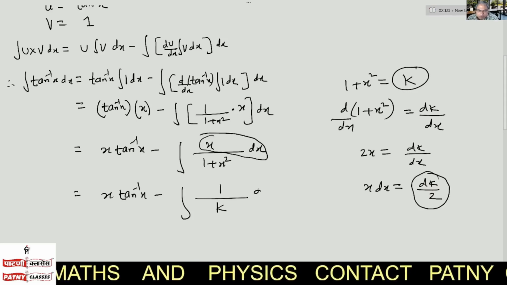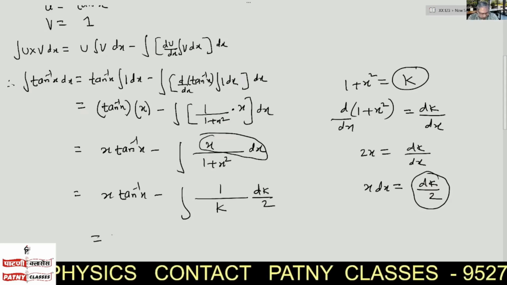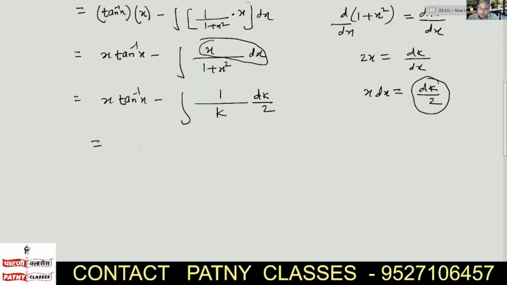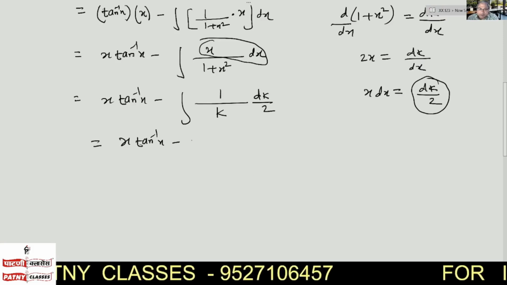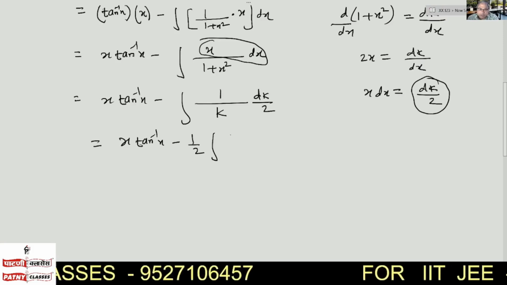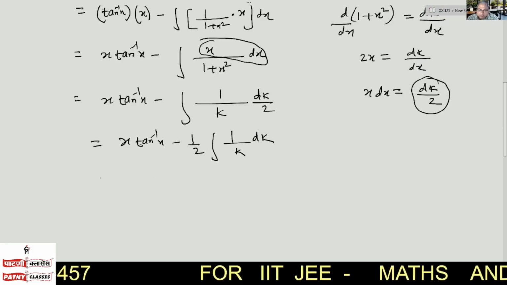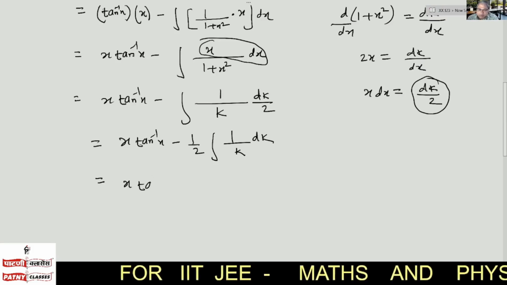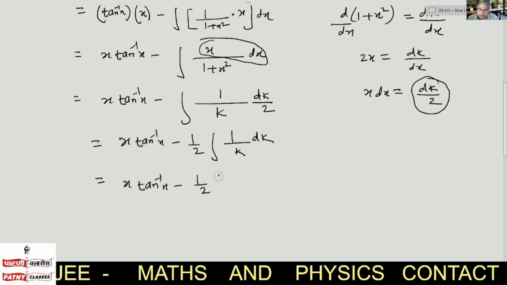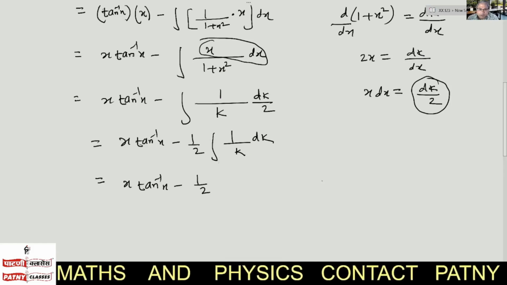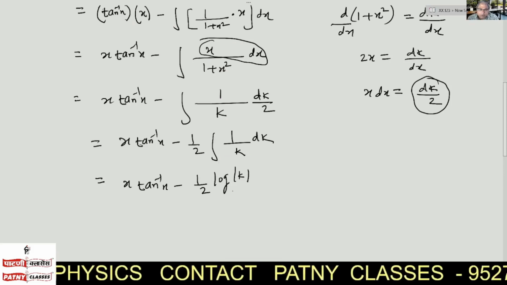Therefore dk by 2 will come, equals x tan inverse x minus 1 by 2 outside, integration of 1 upon k with respect to k, equals x tan inverse x minus 1 by 2 integration of 1 upon k, which is nothing but log of modulus k to the base e.